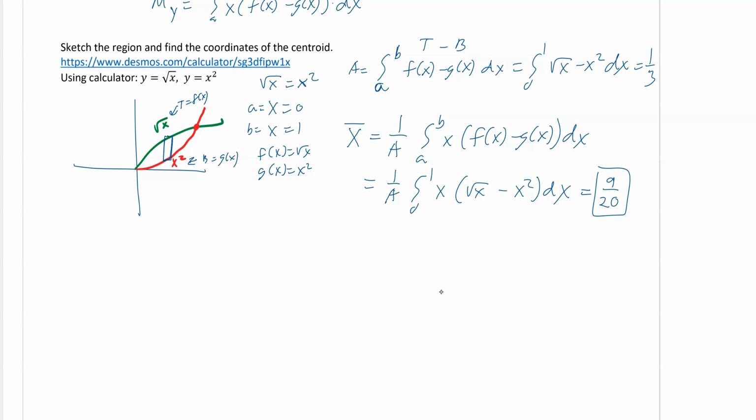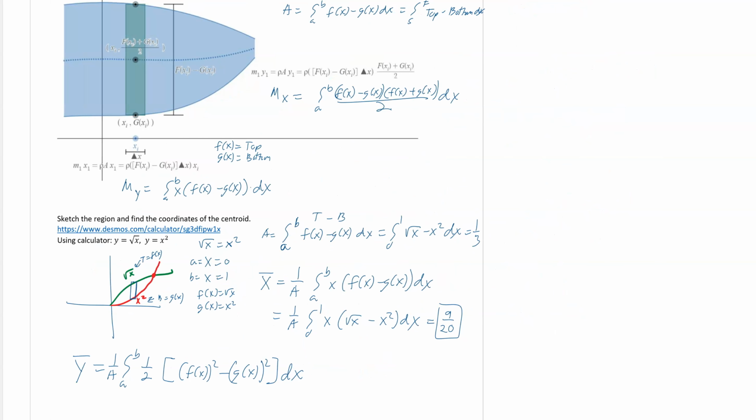And then we do it again now for our y bar. So this is integral from a to b, 1 over a, and then it's 1/2. And then now it's f of x squared minus g of x squared. Oops, backwards. Squared dx. And again, where does that come from? So again, it's the y coordinate times the area, which is this one times this one, which gave us this.